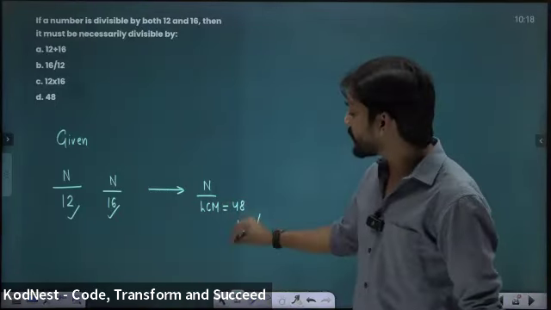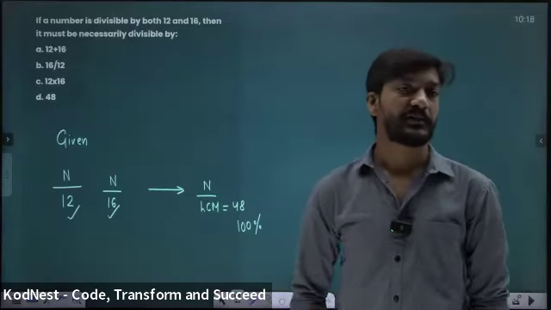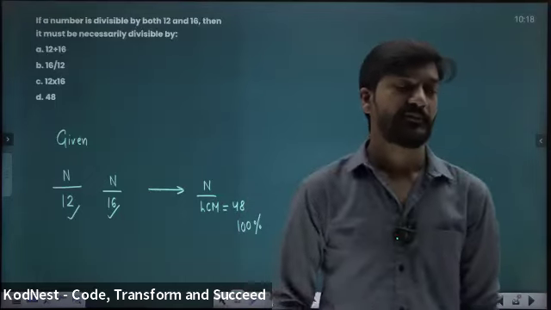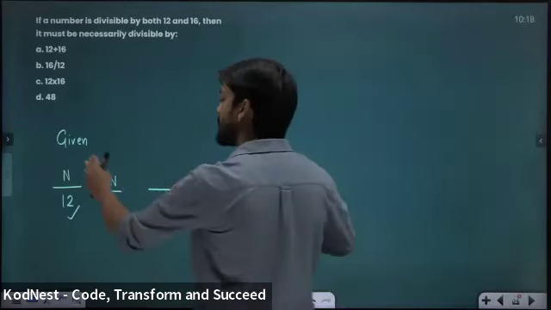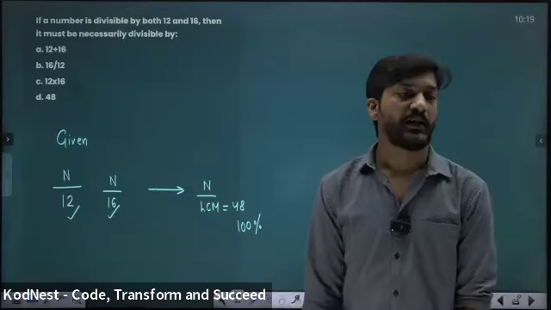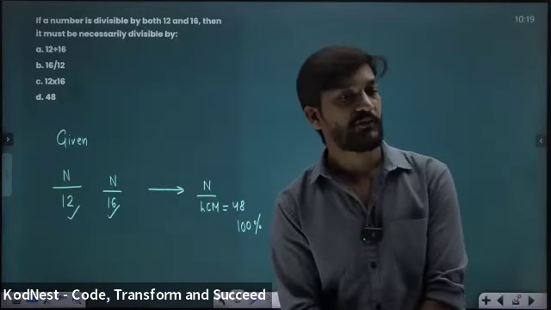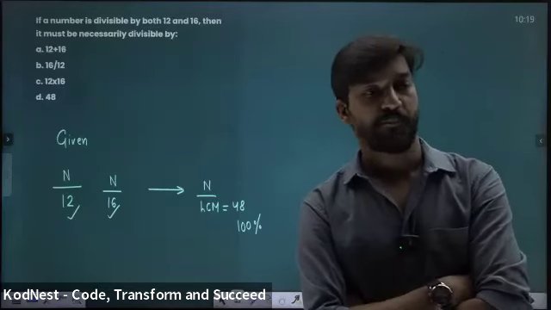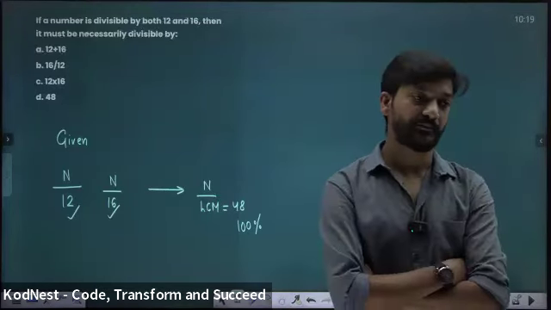Don't tell me factors of 48. Tell me something else. 48 is the LCM. Tell me any number which is divisible by 12 and divisible by 16. You can tell any number.